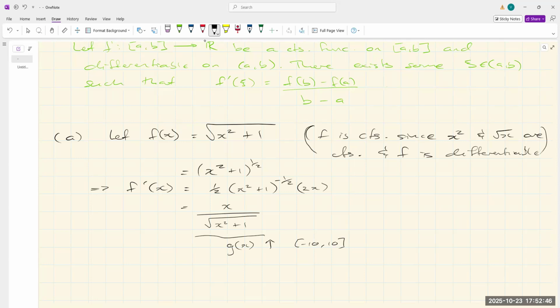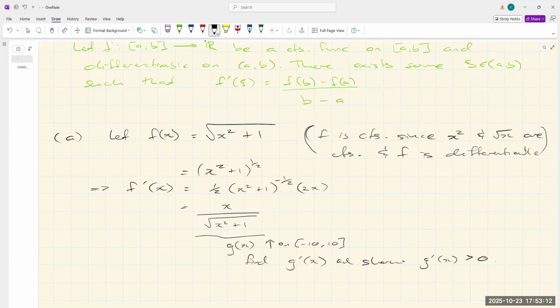How do I know this function is increasing? You will have to differentiate g, find g prime of x, and show that g prime of x is always bigger than 0. In other words, the function is always increasing. The values are always getting bigger.